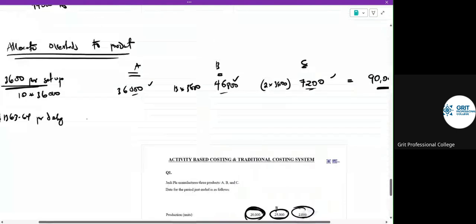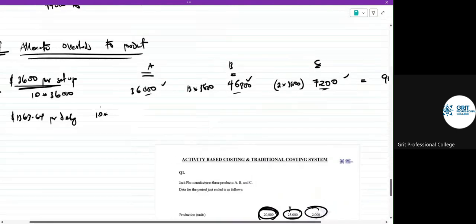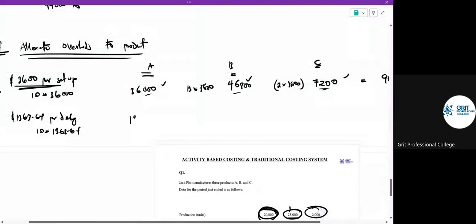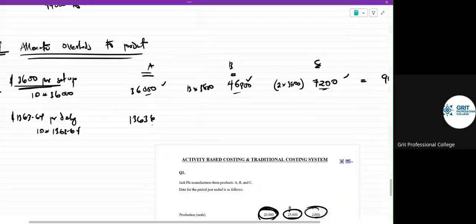So that means 10 by 1363.64, and that will give us 13,636. Let's use whole numbers, I beg you, so that we can move a bit fast.